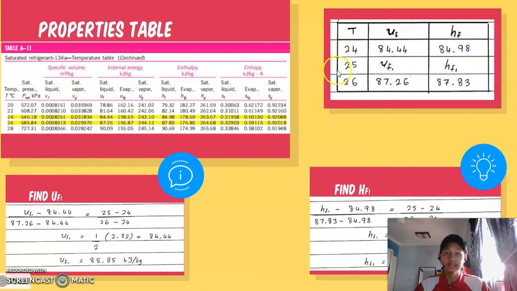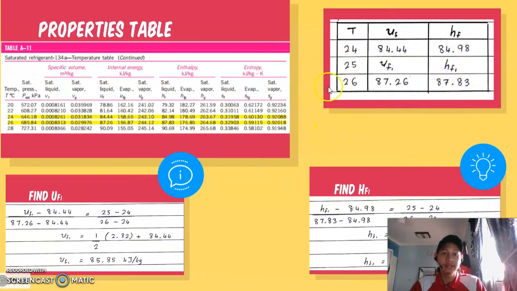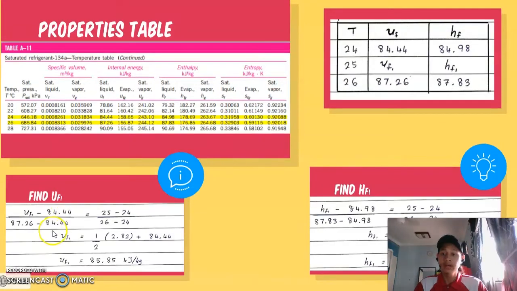Next, we make a table. In this table, we include the temperature, which is T, the internal energy for the saturated liquid, UF, and the enthalpy at saturated liquid, HF. The next step is how to find the UF1. So this is the equation.